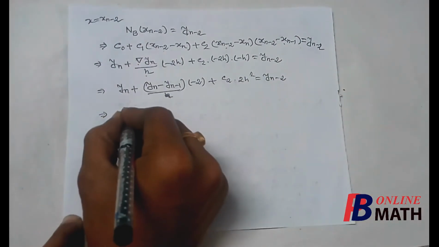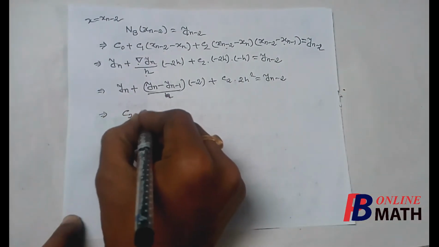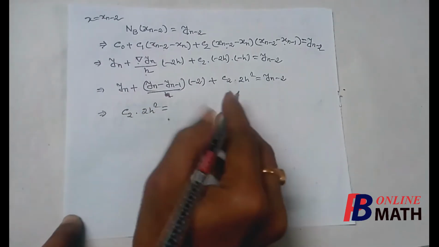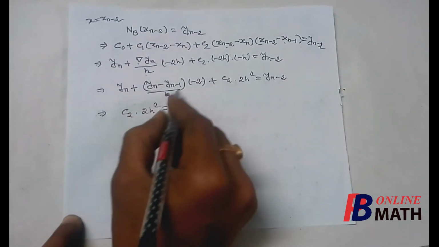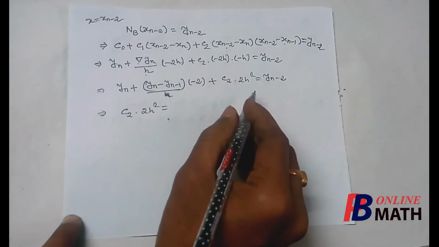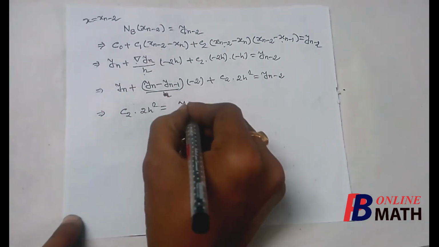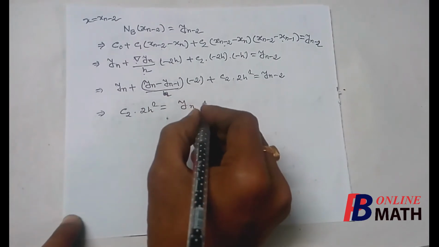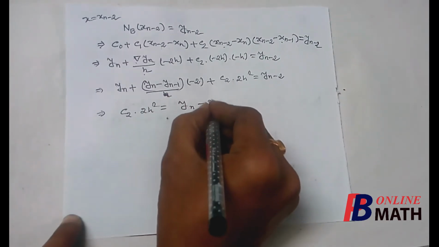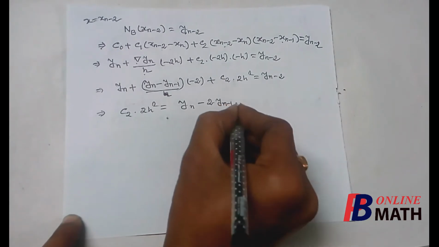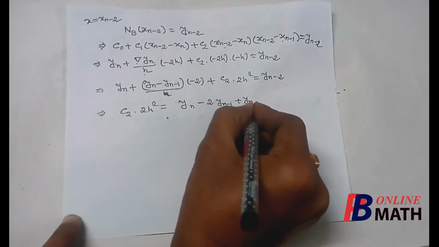So this is equal to c2 into 2h square. If we take all the remaining terms to the right hand side, then we get yn minus 2yn minus 1 plus yn minus 2.